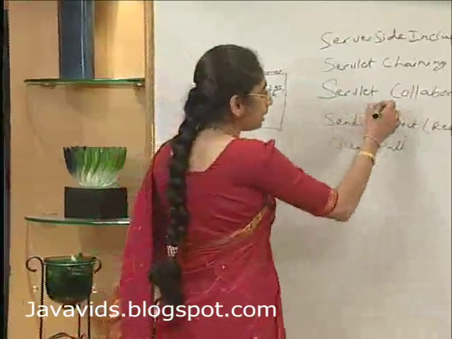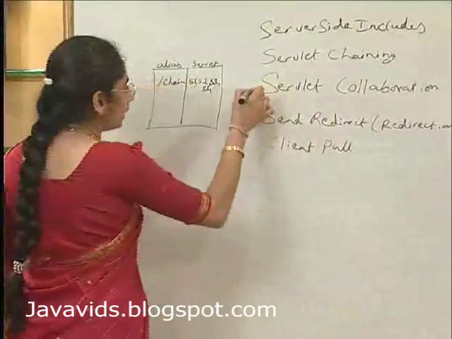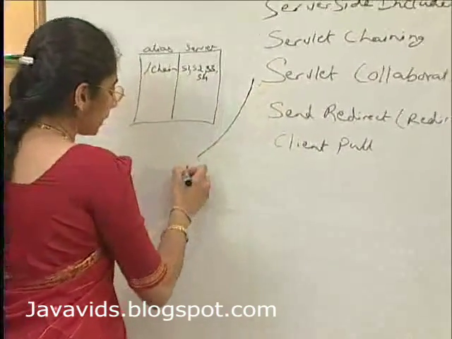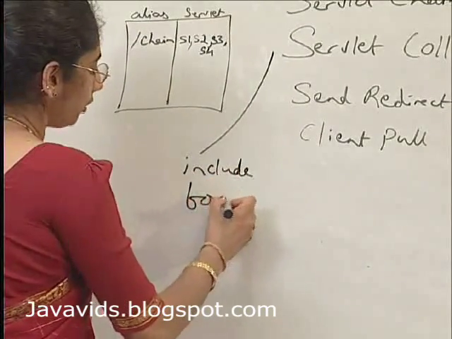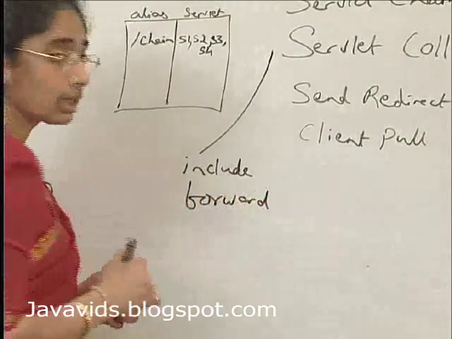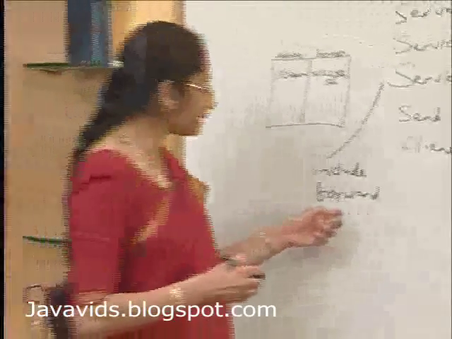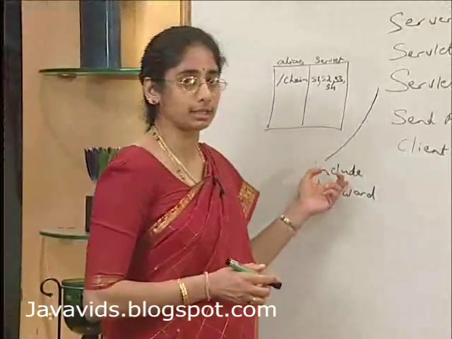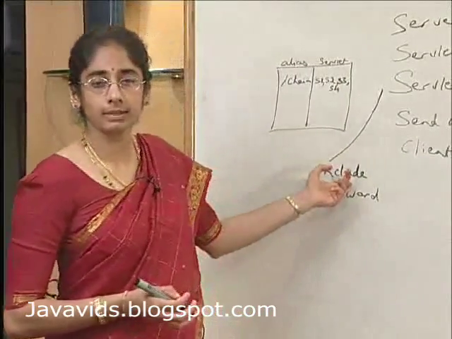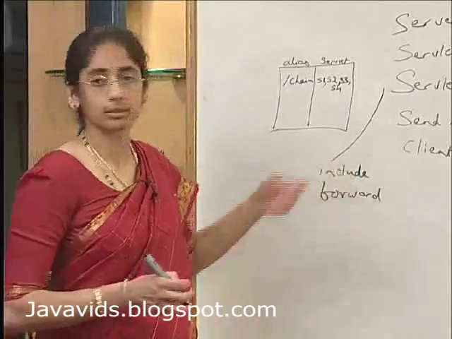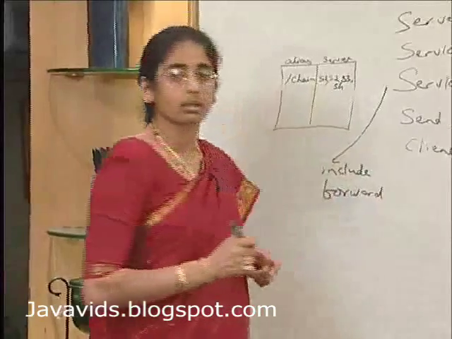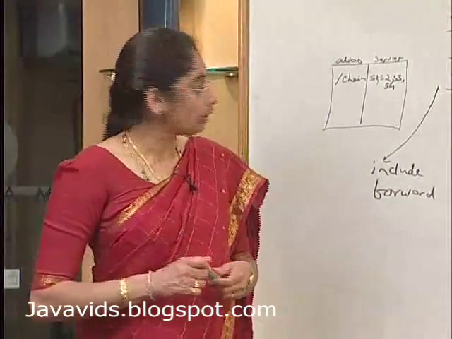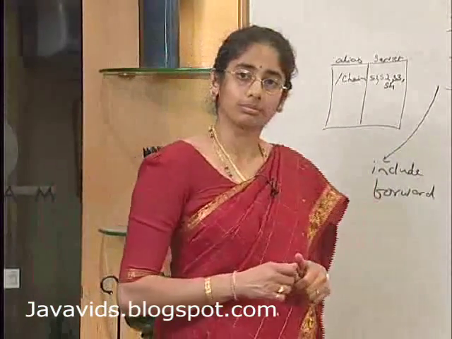In Servlet Collaboration, you can do what is known as include or forward. That is, forwarding servlets and inlining servlets. Include is otherwise known as inlining servlets. What is the difference between these two?